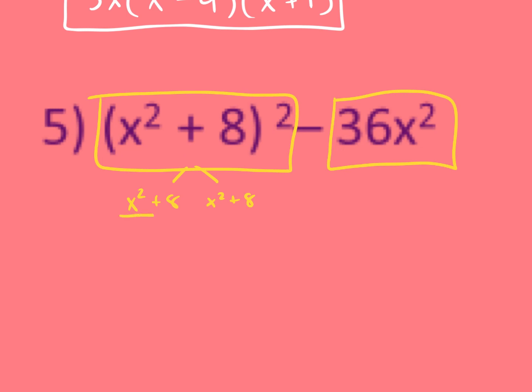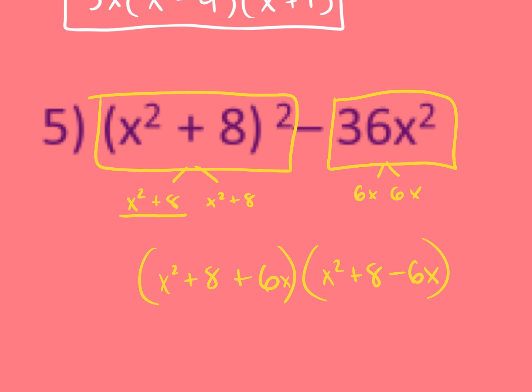So x squared plus 8 is our first term. And then what times what gives me 36x squared? 6x and 6x. So remember, in my difference of two squares, I end up with two parentheses. So first I have x squared plus 8 plus 6x, and x squared plus 8 minus 6x.